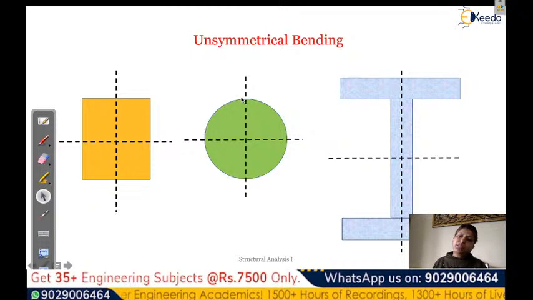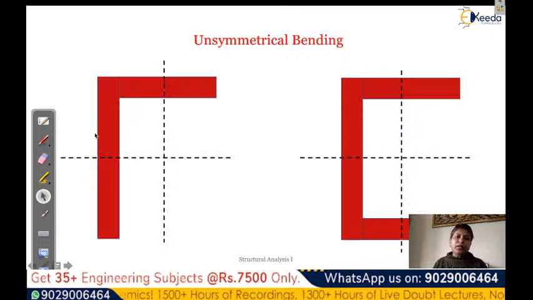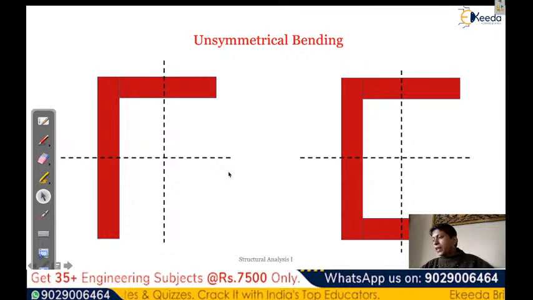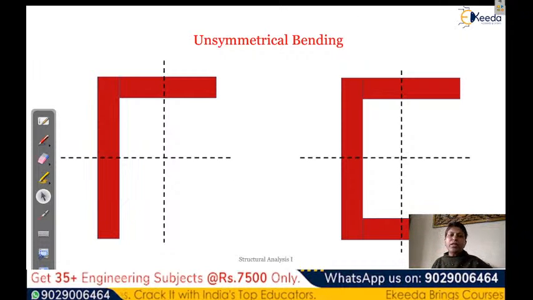But for the angle section and channel section, when load is acting along any centroidal axis, x or y, it can also create unsymmetrical bending. So I told you two reasons when unsymmetrical bending happens: when the section is symmetrical and when the section is unsymmetrical.